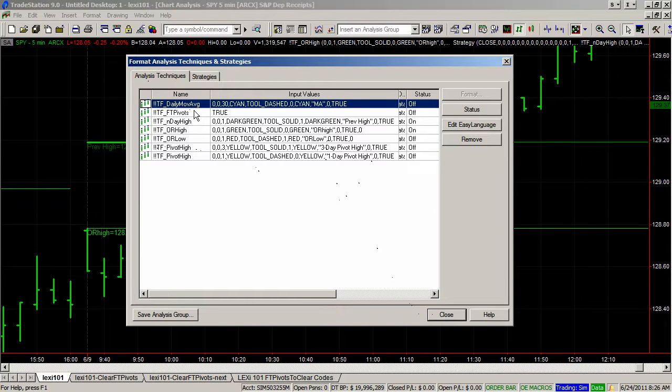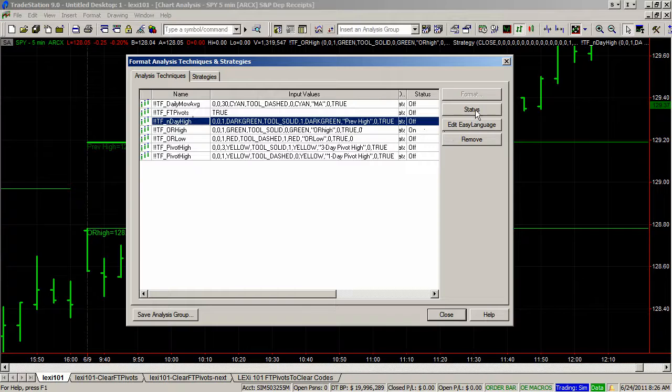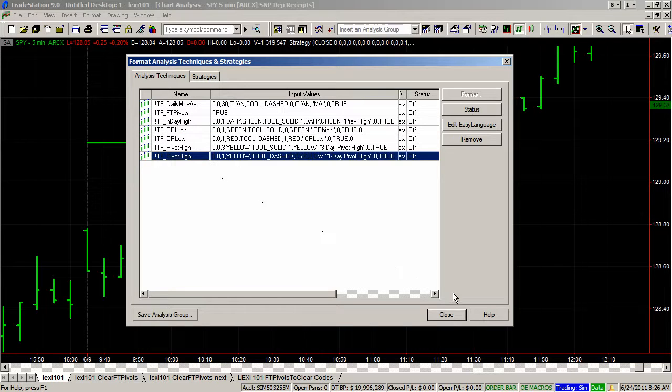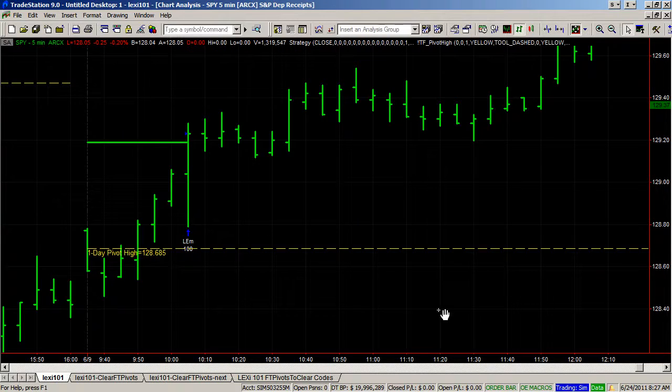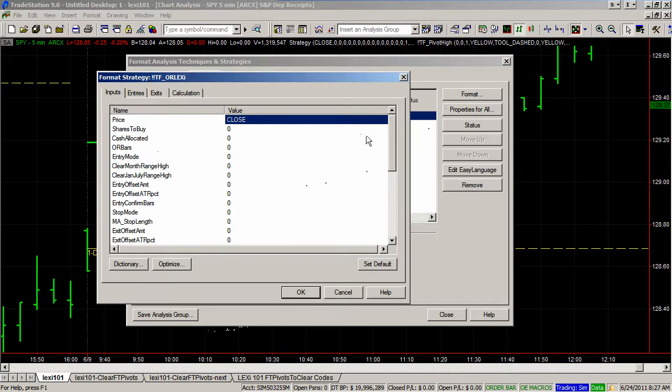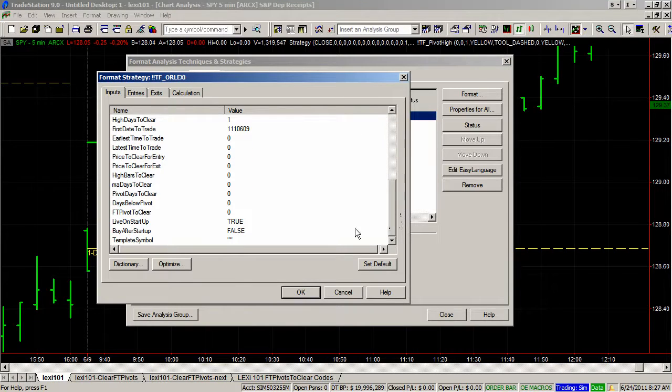I'm also, for the time being, going to turn off my opening range high and my previous day's high, and I'm going to turn on my 1-day pivot high. Since we're going to go into the strategy now, I'm going to leave OR bars at 0 and set pivot days to clear to 1.